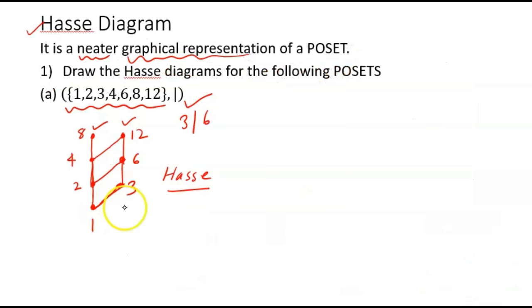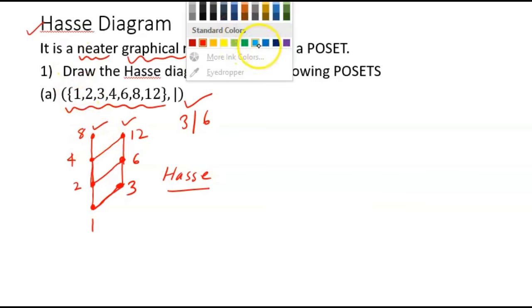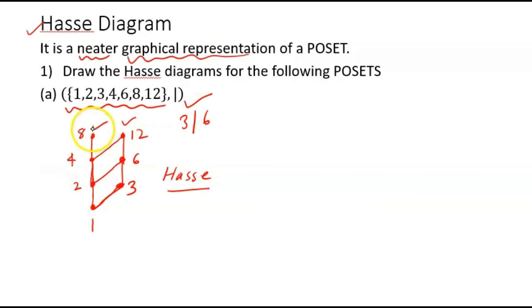Now suppose in this partially ordered set, if I ask you what the maximal elements are, what will be your answer? The maximal elements are 8 and 12. Why are 8 and 12 maximal elements?